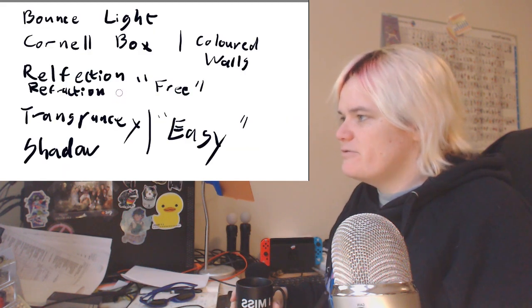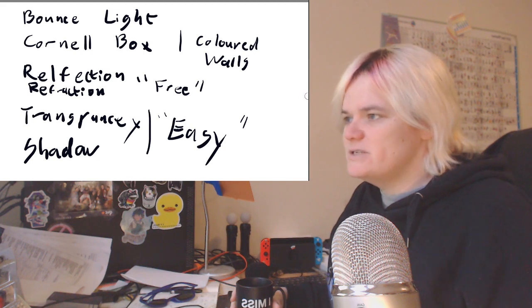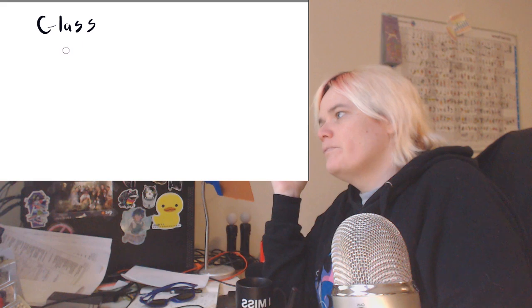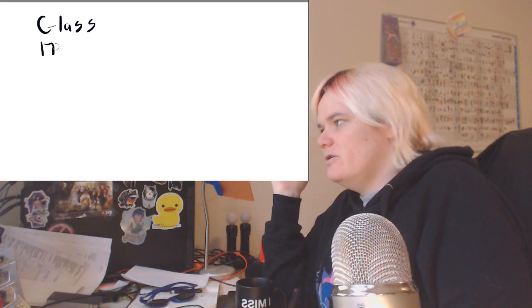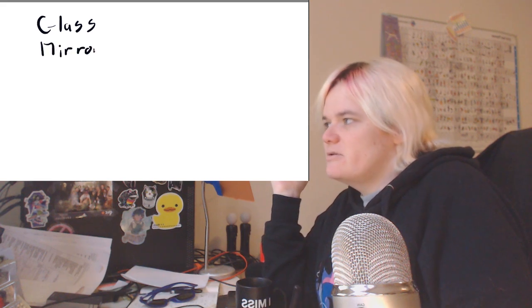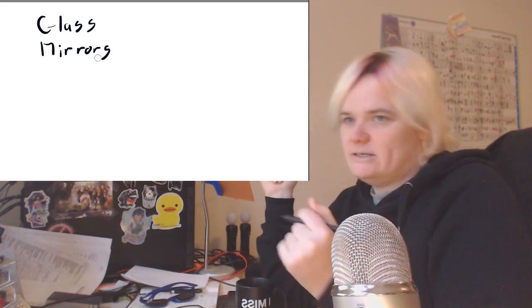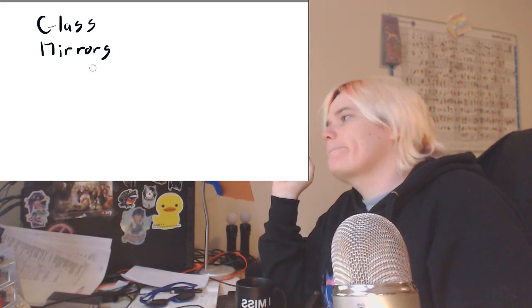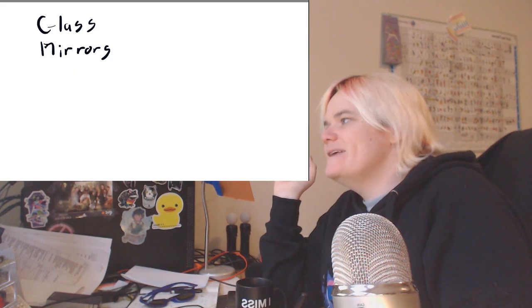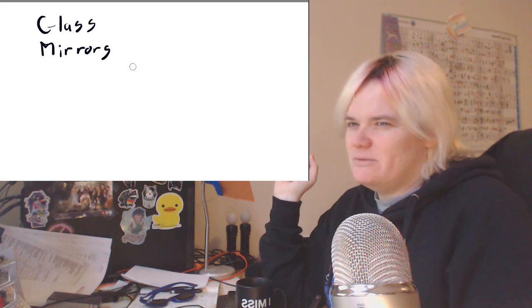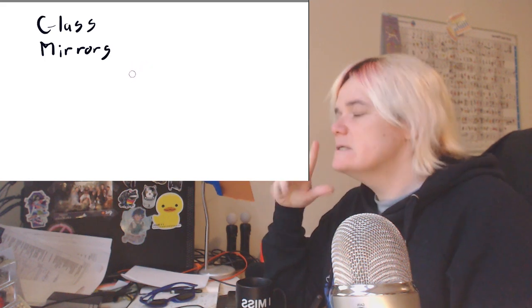So this reflection, refraction being free and transparency being easy means we're going to see a lot of glass. We're going to see a ton of mirrors, because mirrors have gone from being ridiculously expensive to practically free. Mirrors are going to be a place where we'll get some artifacting, especially on people who are relying strongly on denoisers.